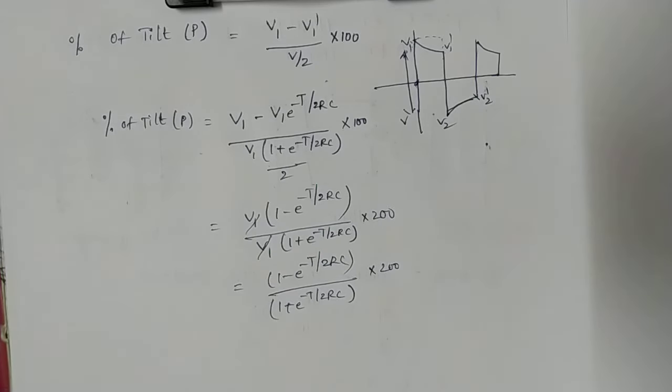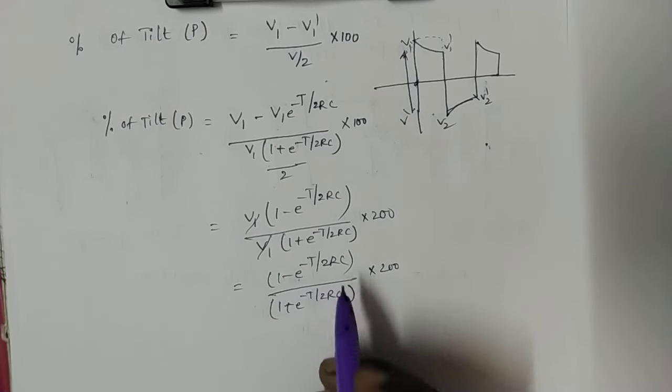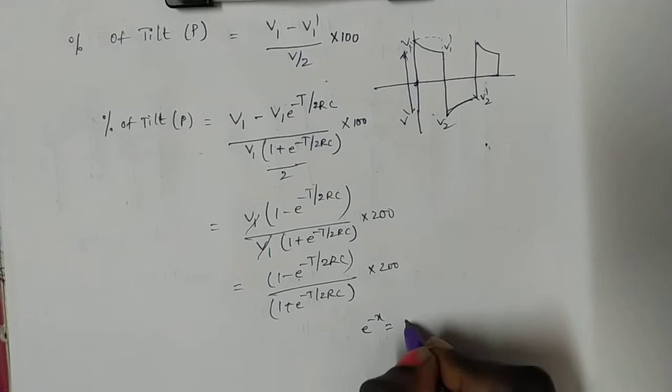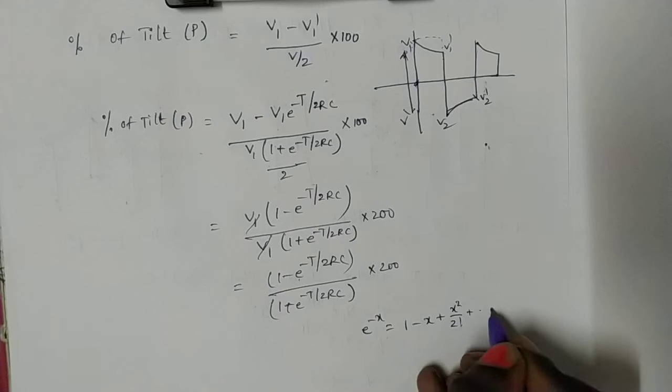Now we all know the basic formula of e power of x, e power of minus x. So using that e power of minus x, expand this term for simplification. We know that e power of minus x equals 1 minus x plus x square by 2 factorial plus so on.